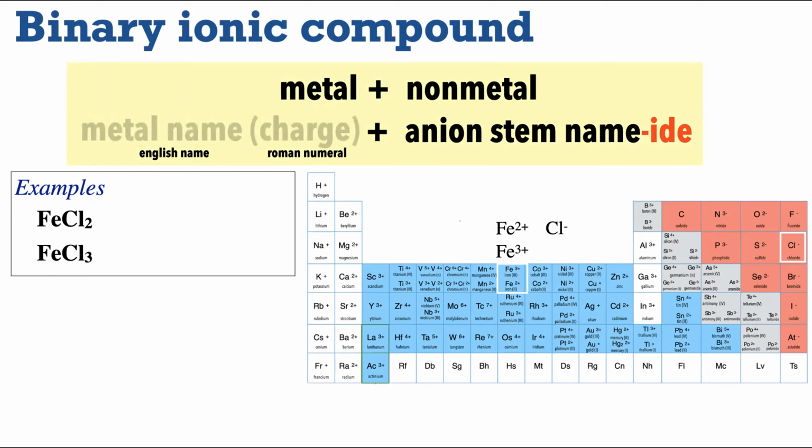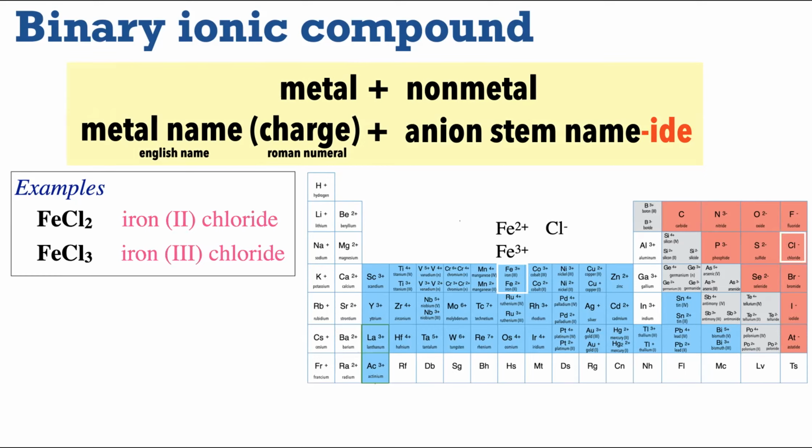Now, applying the rule, getting the English name plus the charge enclosed in parentheses in Roman numeral and the anion name, the chemical name for FeCl2 would be iron(II) chloride, and for FeCl3, which uses the 3+ charge, it would be iron(III) chloride.